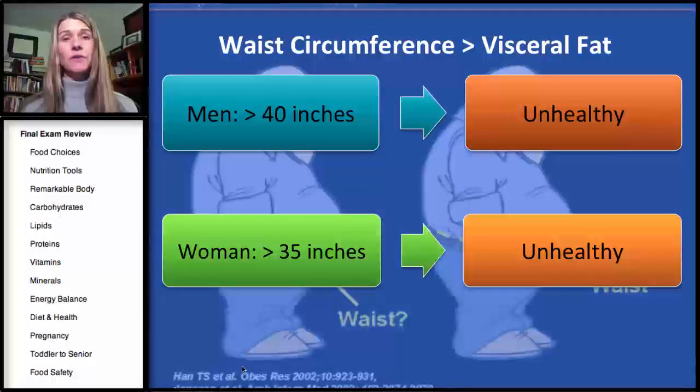It's important to know that when the waist circumference is over 40 inches for men or over 35 for women, that is extremely unhealthy. And this is a representation of visceral fat. So that's the abdominal fat.